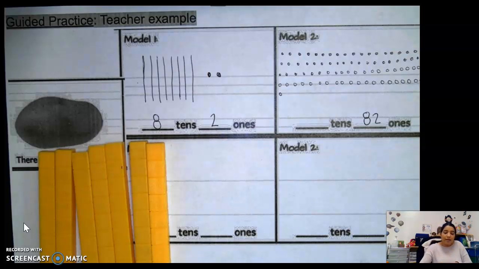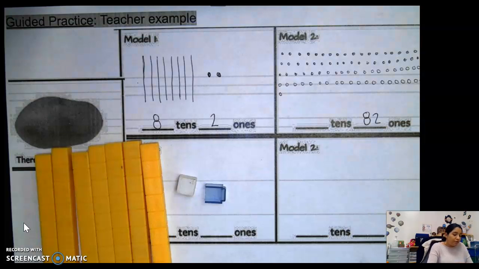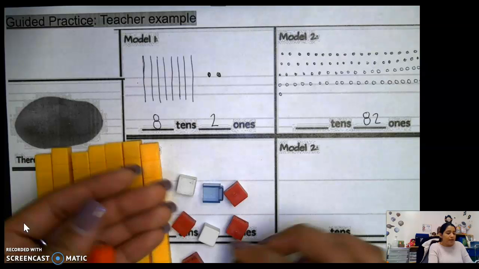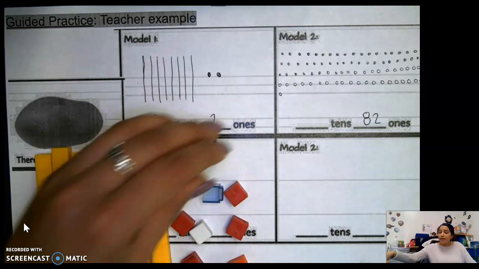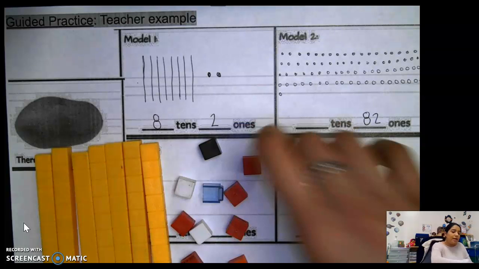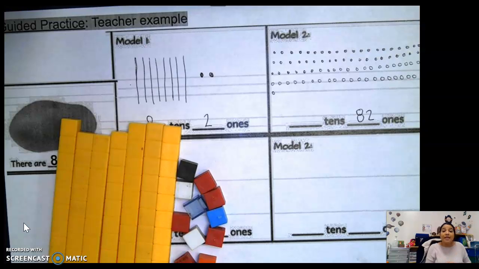I have 70 and I need to count to 82. So 70, 71, 72, 73, 74, 75, 76, 77, 78, 79, 80, 81, and 82. So I now have 82.